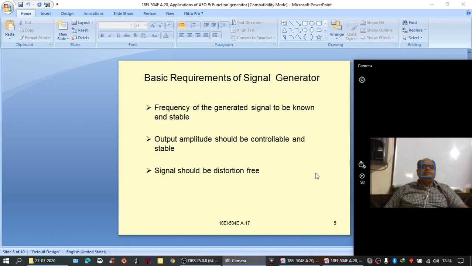And there should not be any distortion in the signal. The signal generated by a signal generator should be distortion free. These are the three basic requirements for any signal generator, whether it is radio frequency oscillator, audio frequency oscillator, or any other signal.